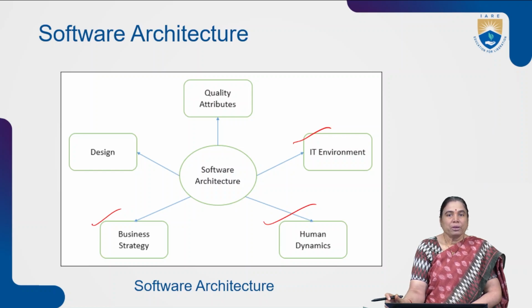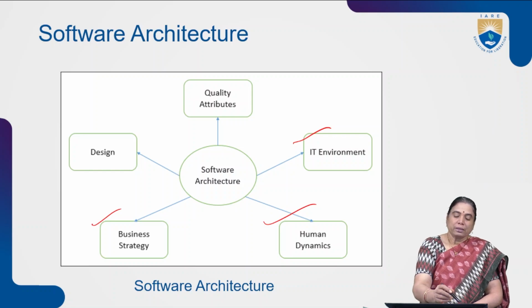For example, if you consider the banking domain, generally the rules of RBI can imply the business strategy. Similarly, each and every business organization should have a specified domain and complexity. Those imply the business strategy of the project.